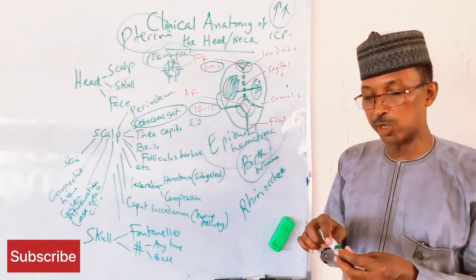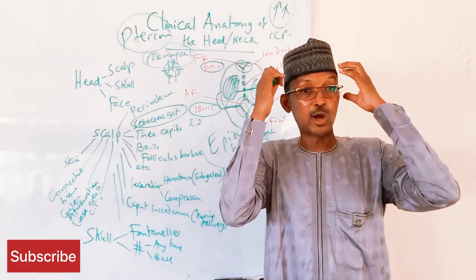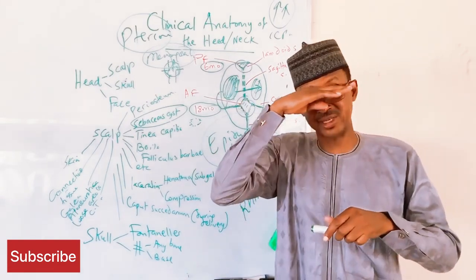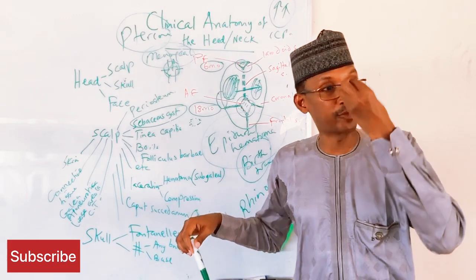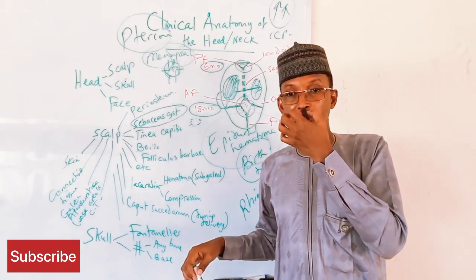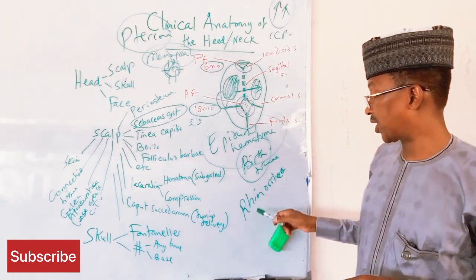So with rhinorrhea, you will see the CSF, cerebrospinal fluid, it surrounds the brain. So once there is a fracture at the base of the skull, the CSF may come out from the cranium, pass through the nose, and somebody will now be draining CSF from the nose. And that is what we call rhinorrhea.